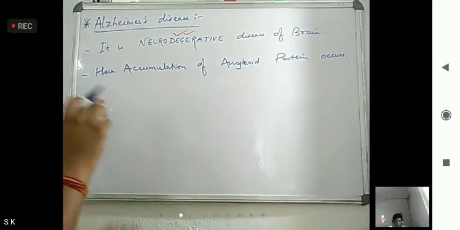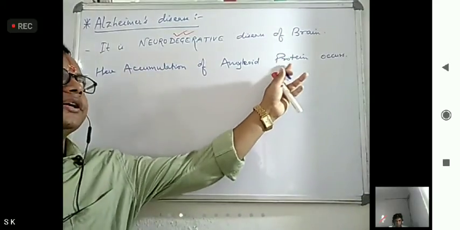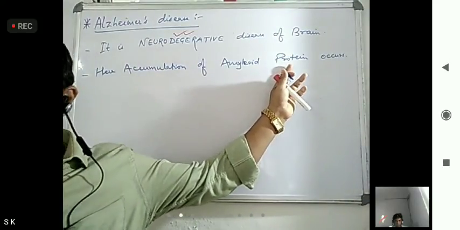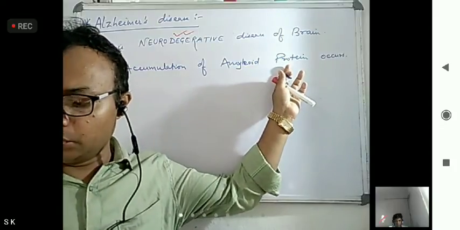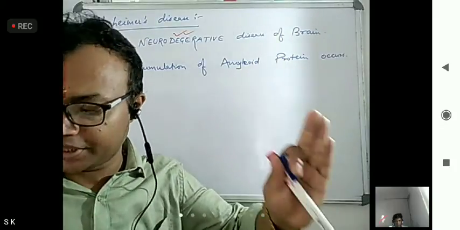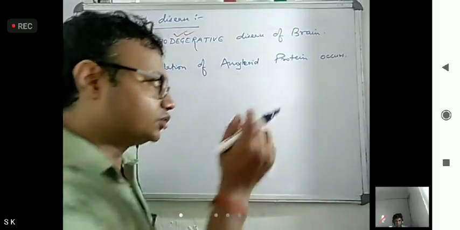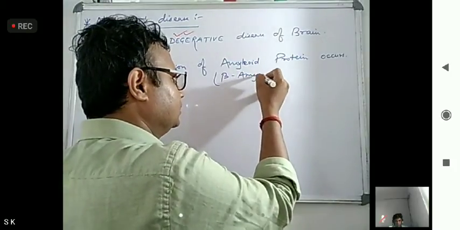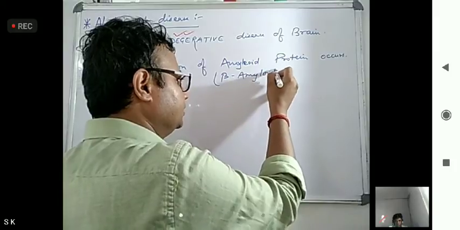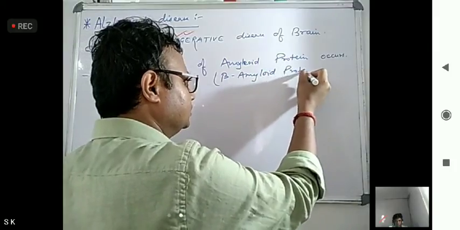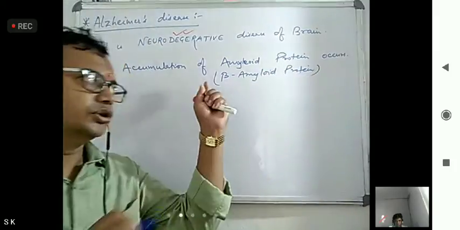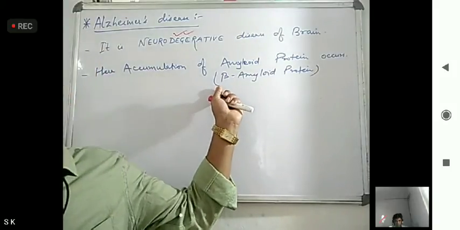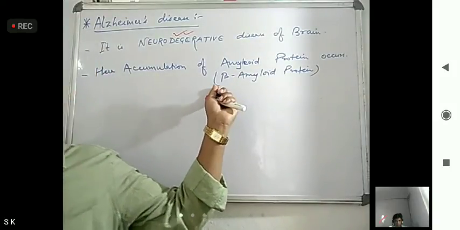Now, since accumulation of amyloid protein occurs, that is also known as amyloid beta peptide protein. Okay, also known as what? Beta amyloid protein. Now, due to accumulation of this protein, what happens?